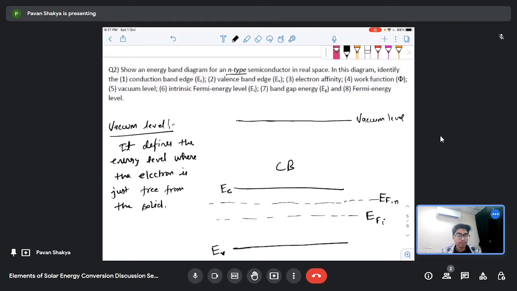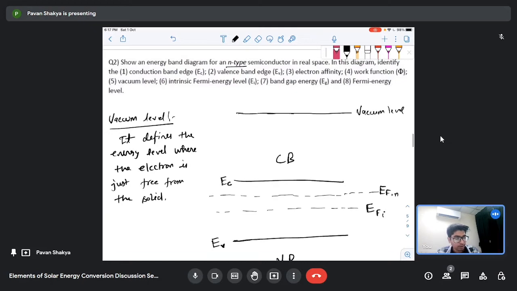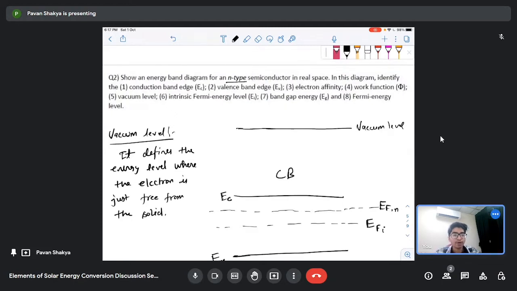Okay, so this is the maximum energy, and it is defined as the vacuum level.